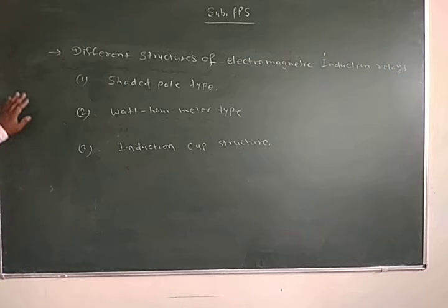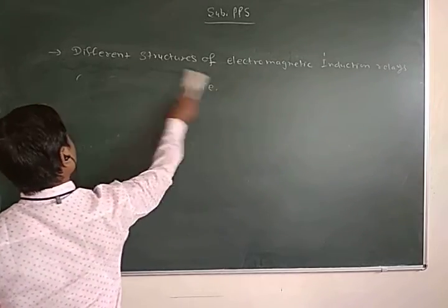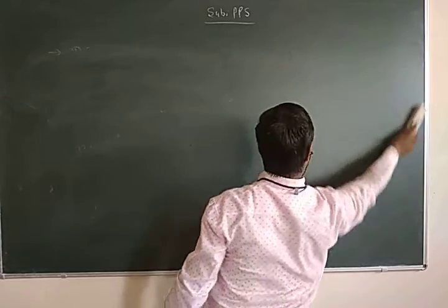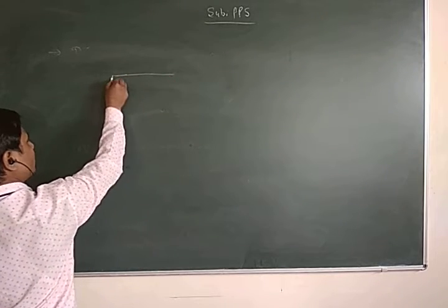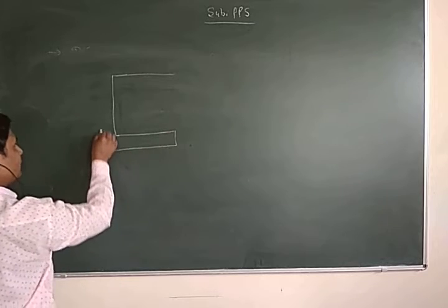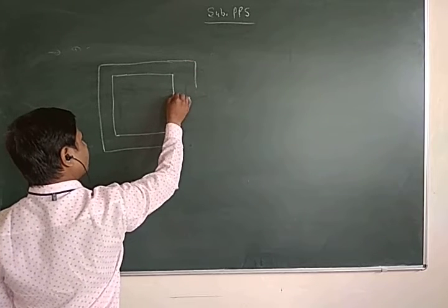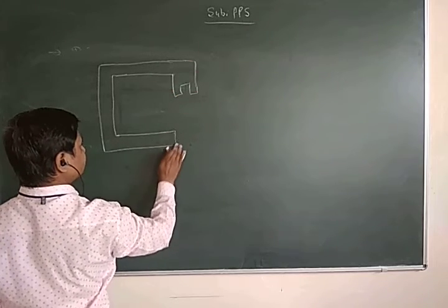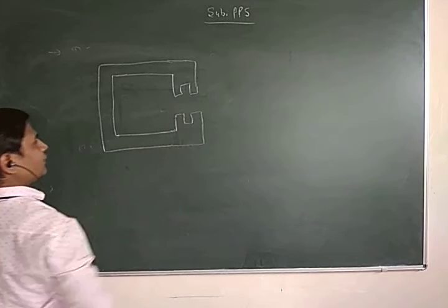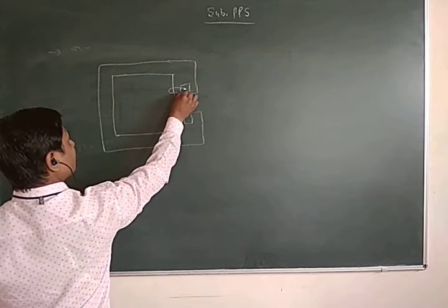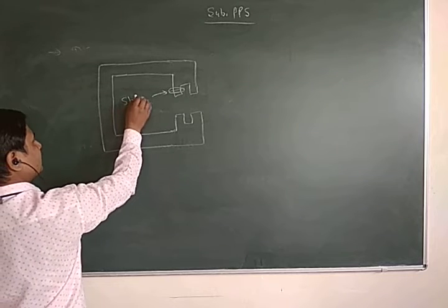Now first we design the shaded pole structure. In shaded pole structure, there is a shading ring. Core is split into two parts. This is the core, and this core is split into two parts. In one part we insert a ring that is known as shading ring.